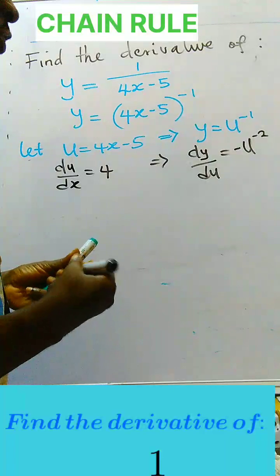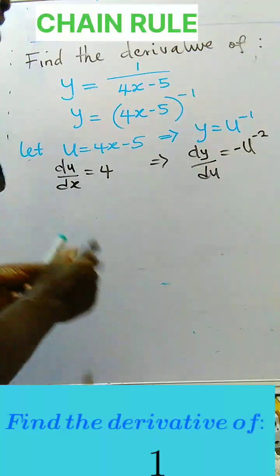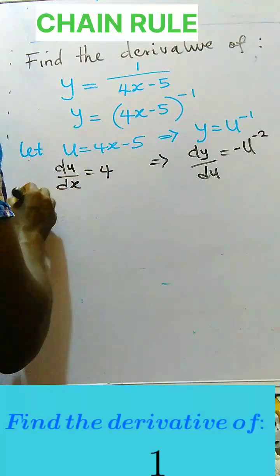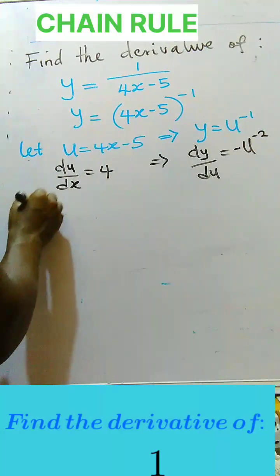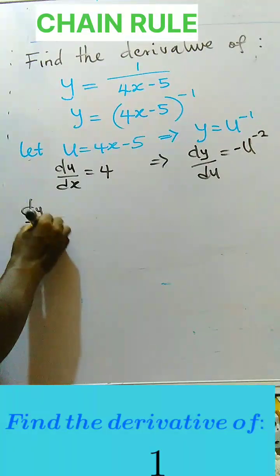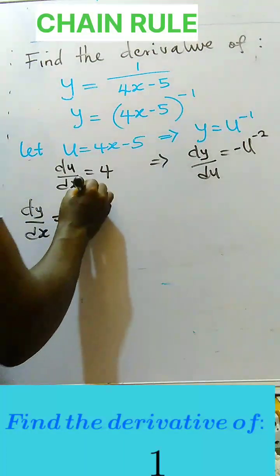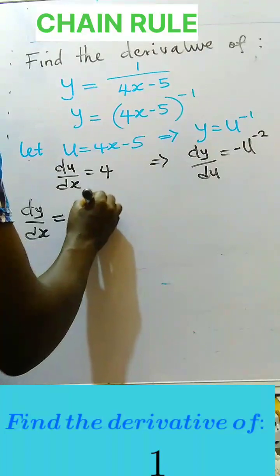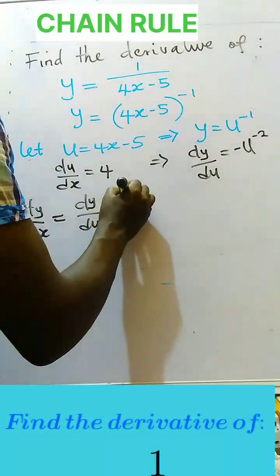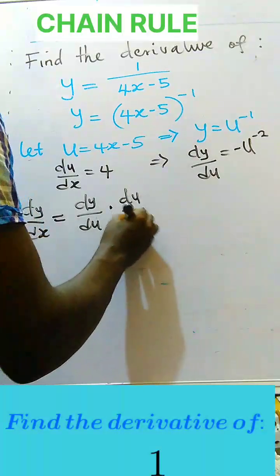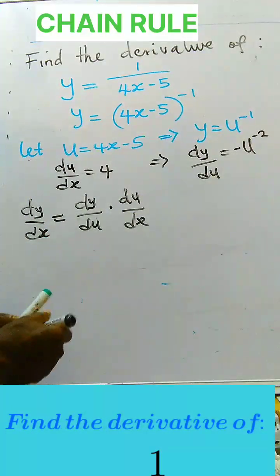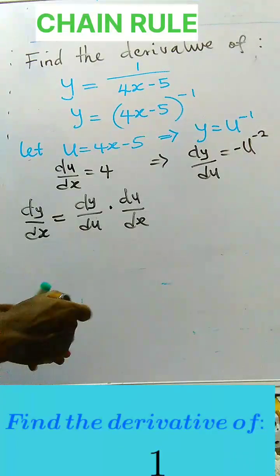Okay? So now let's apply our chain rule. Recall that our chain rule says that dy/dx is equal to dy/du multiplied by du/dx. So this is what our chain rule says, okay? Now let's apply that.